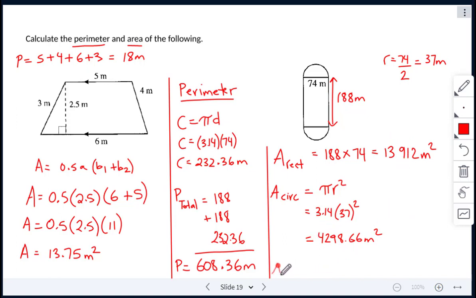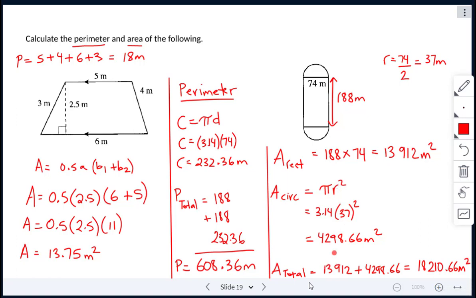All right, so we have to add those two up together. So area total is adding those together. So 13,912 plus 4,298.66, which gives me a total area of 18,210.66 meters squared.